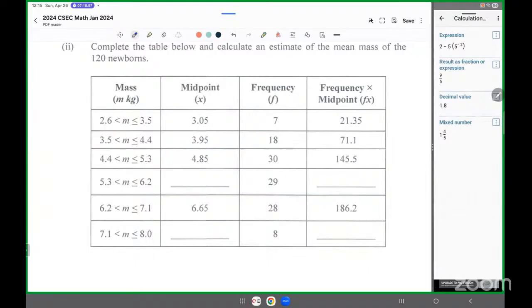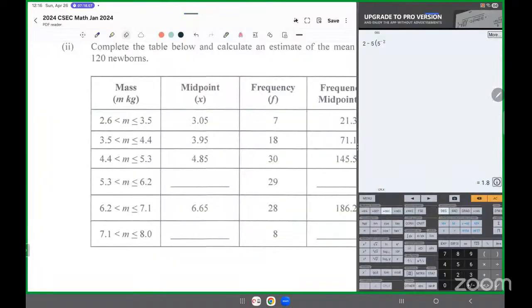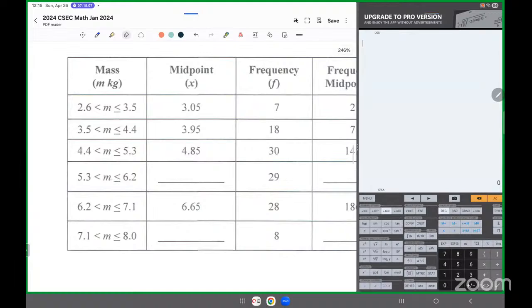You can see it here as well. So the midpoints will increase by 0.9 as well. Once the value is going up by 0.9, just continue increasing by 0.9.